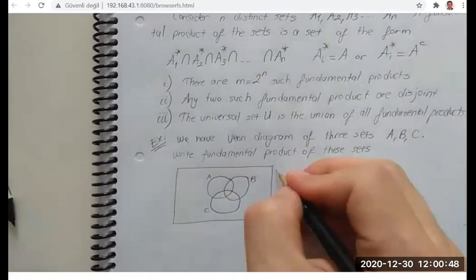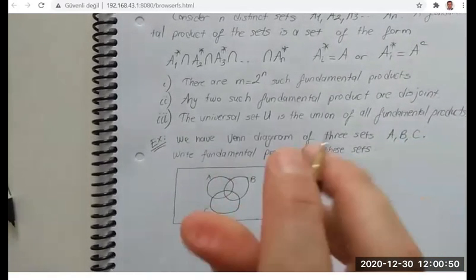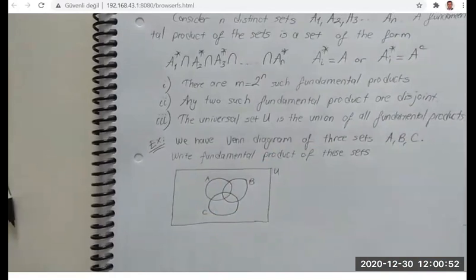Okay, this is the question. Fundamental products of A is the solution.